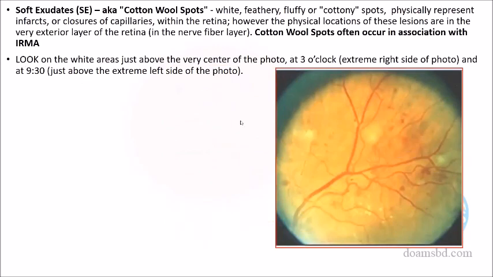The next appearance is soft exudate. This is the cotton wool. We have seen it before, right? Can you remember? Cotton wool. So cotton wool may be associated with IRMA. IRMA is intraretinal microvascular abnormality within the retina. So what could be the IRMA? I will tell you in a little detail.